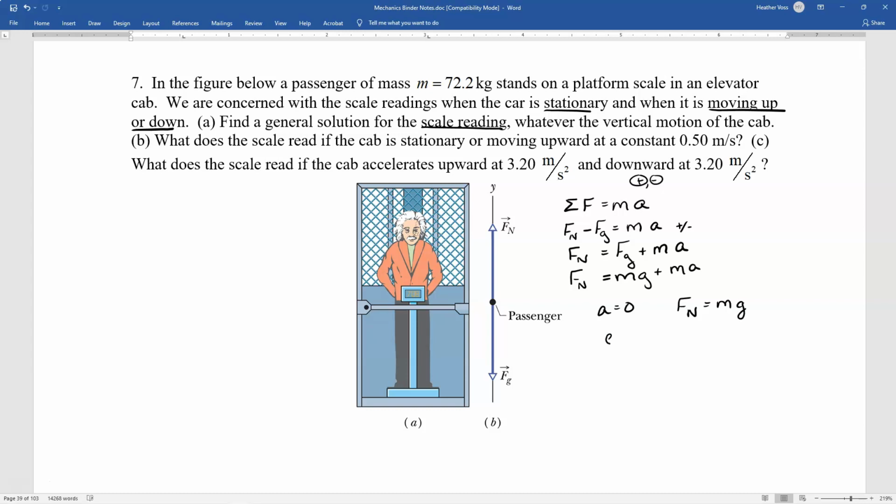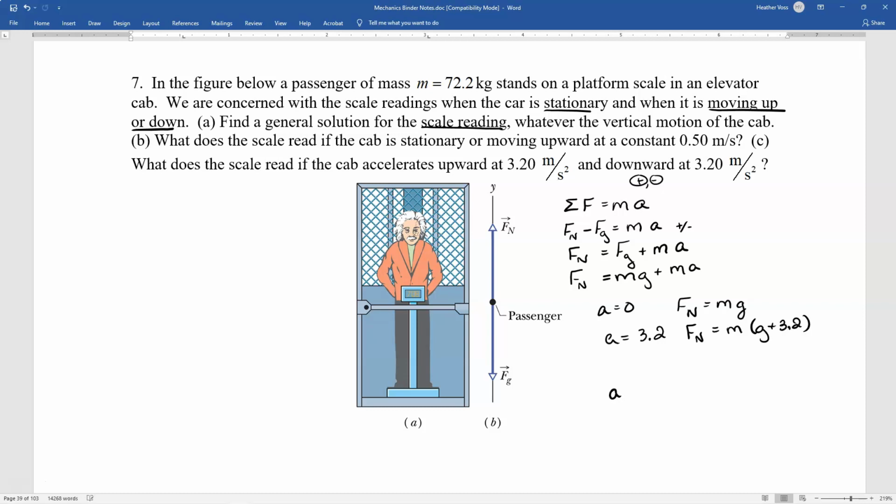Well, if that acceleration is upwards at 3.2, then my force normal is going to equal the mass times g plus 3.2. And I can get that value.